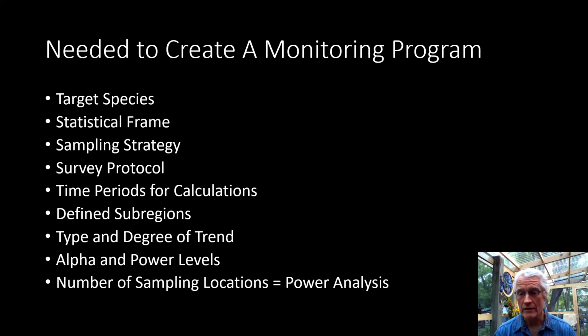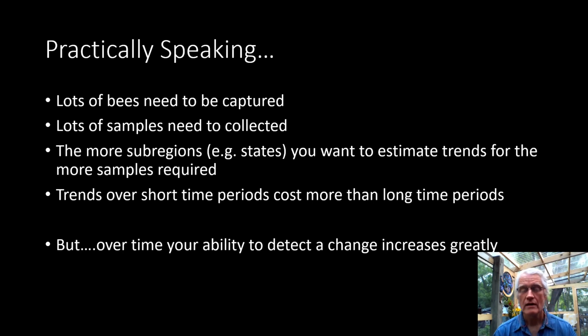That's a power analysis of some kind. We won't address those, we don't have time, but that is what you want to see when you're setting up your monitoring programs, that you have thought about and addressed those, so you don't get bitten by them later by not having addressed them.